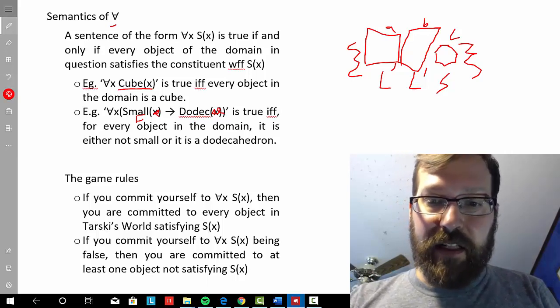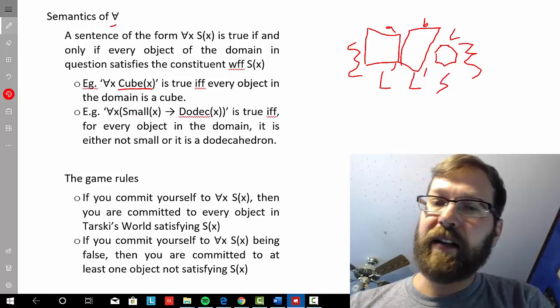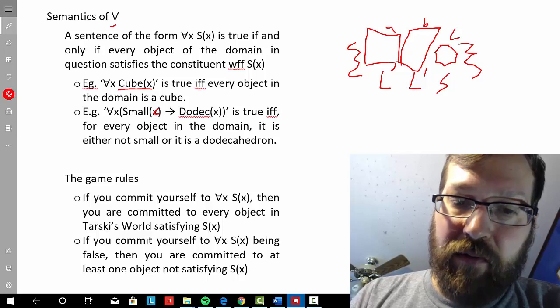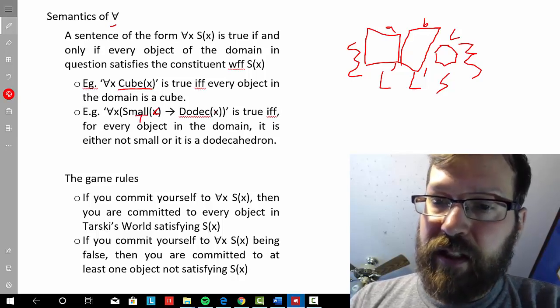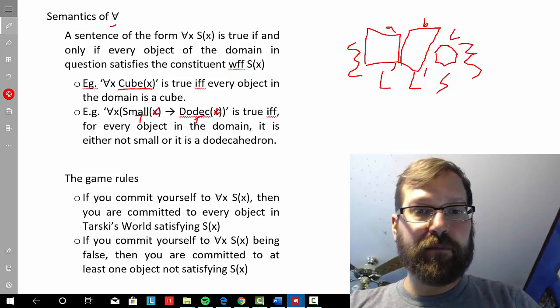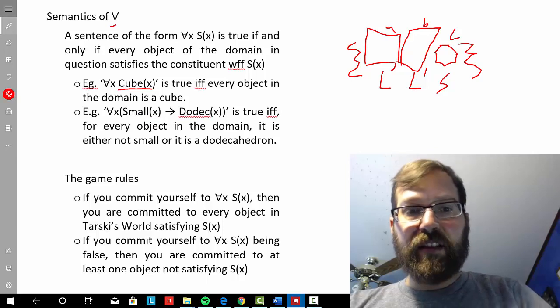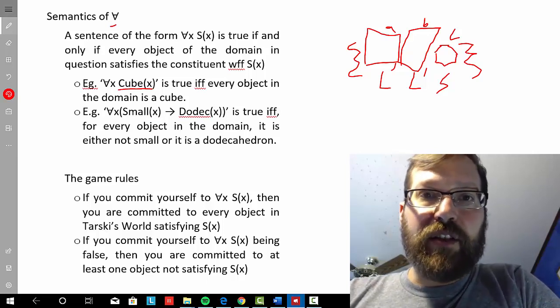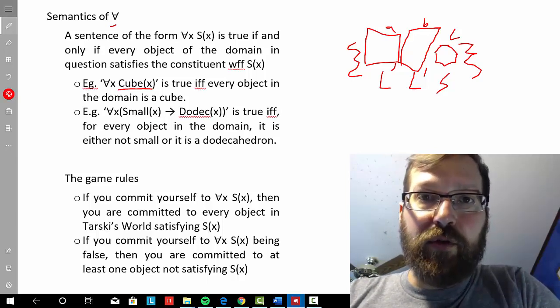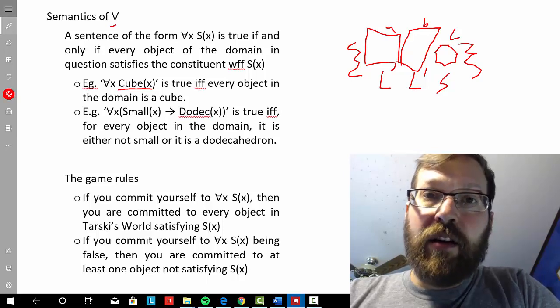Same thing with B for the same reasons. And C will also satisfy it because C is small and C is a dodecahedron, so this will turn out to be true as well. So such a sentence as "for all x, if x is small, then x is a dodecahedron" is true if and only if for every object in the domain, it is either not small or it is a dodecahedron, at least one of those two.